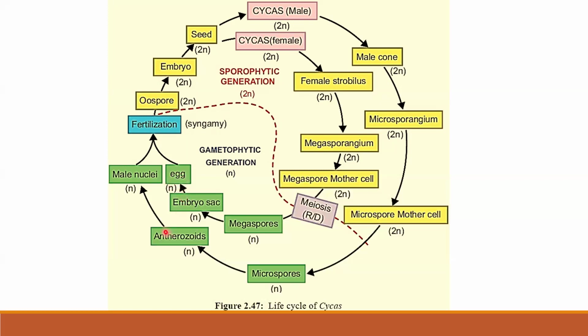These antherozoids and egg nuclei fuse or fertilize with each other to form an oospore or zygote, finally forming the sporophytic phase again. So this is the life cycle of Cycas.